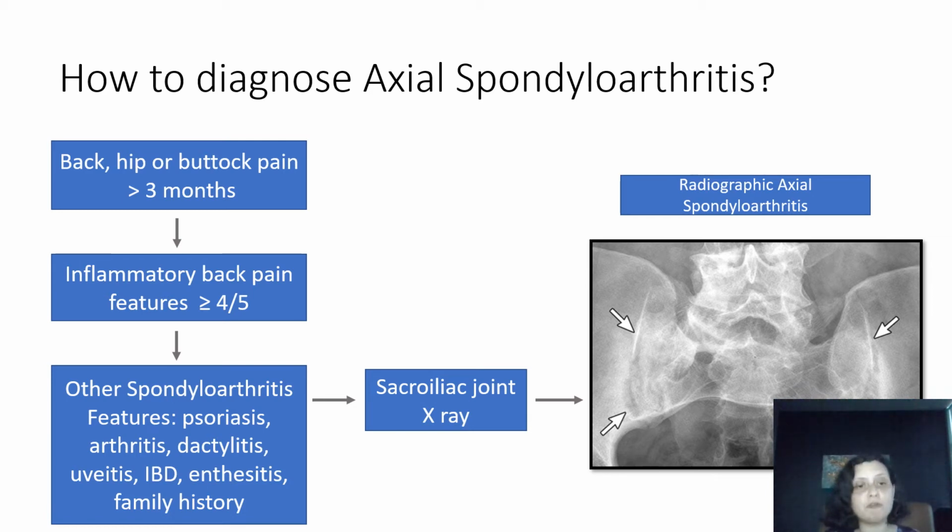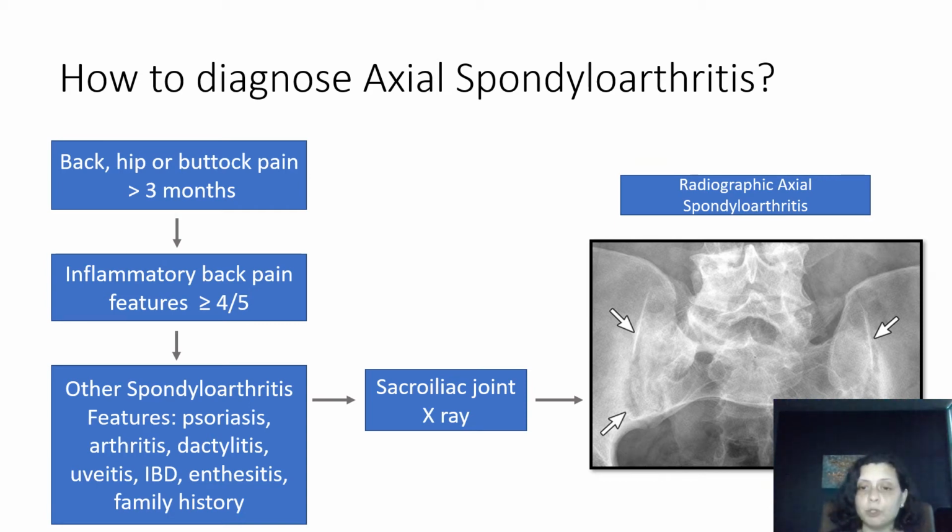If they have 4 or more features out of 5, then ask for some other features of spondyloarthritis like psoriasis, arthritis, dactylitis, uveitis, inflammatory bowel disease, that's IBD, enthesitis or family history. If you have some supporting features and your suspicion is high, then go ahead and order not a lumbar spine x-ray, but a SI joint or sacroiliac joint x-ray.